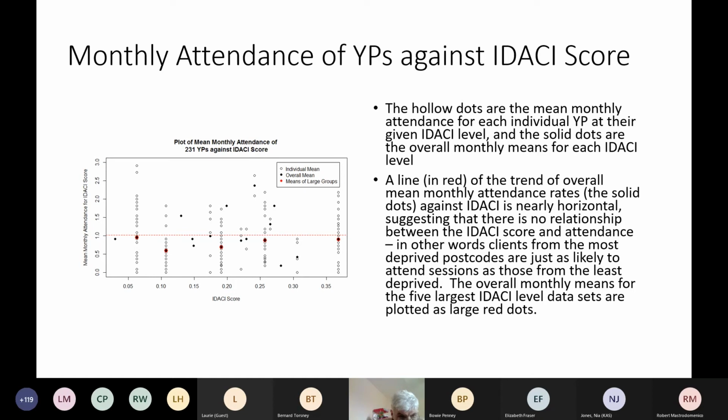Now you can see that the IDACI scores are not evenly spread, because obviously there's only certain levels. But as you go across, the black dots are the mean attendance per month of young people for that particular IDACI score.